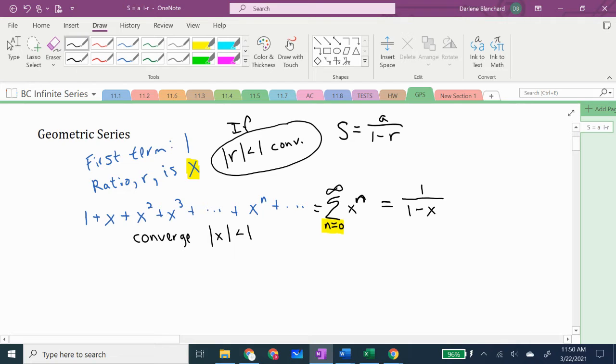So this geometric series is representing a rational function. And that rational function is algebraic. I want to point out that it's algebraic because the other 3 that we did previously were not algebraic. They were trig and then an exponential.